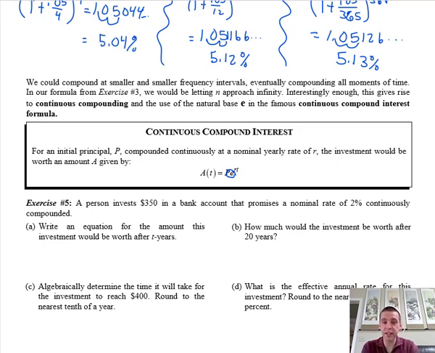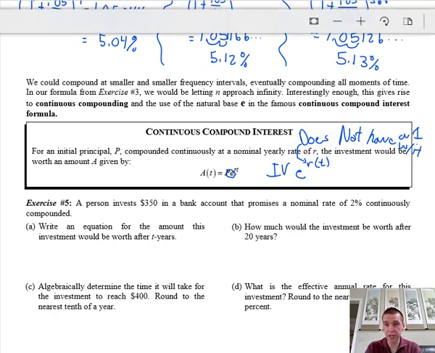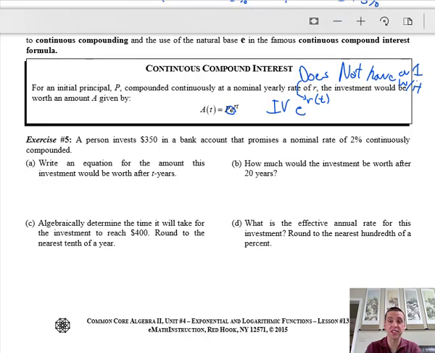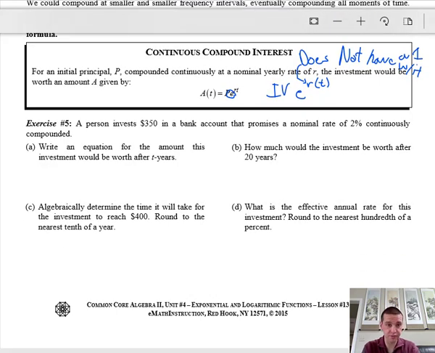And it's the same idea, except for the fact that we have our initial value, E raised to the rate times t. This rate does not have a 1 in front of it. Please note that. It does not have a 1 with it. So do not put that 1 in front. It's just the rate that we're talking about.